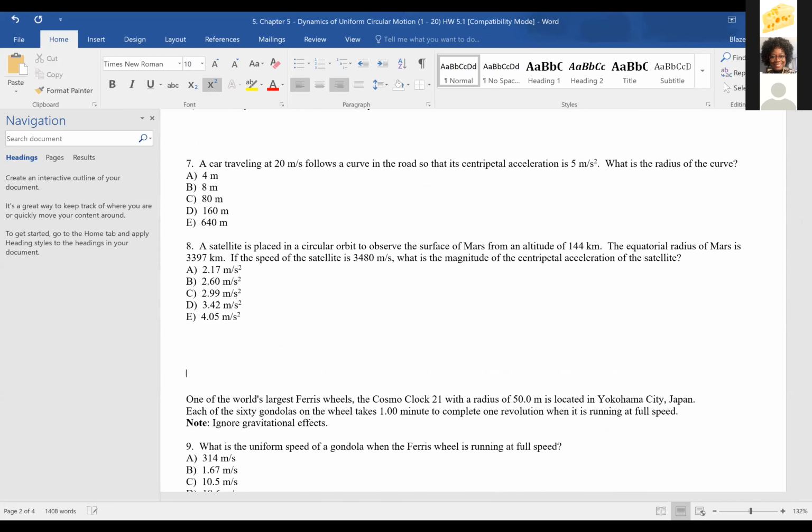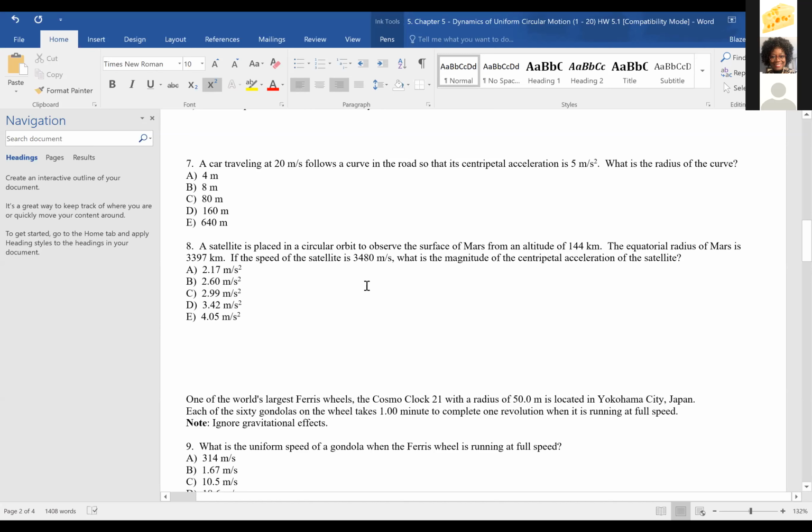Okay, number 8. A satellite is placed in a circular orbit to observe the surface of Mars from an altitude of 144 kilometers. The equatorial radius of Mars is 3,397 kilometers. If the speed of the satellite is given, what is the magnitude of the centripetal acceleration of the satellite?